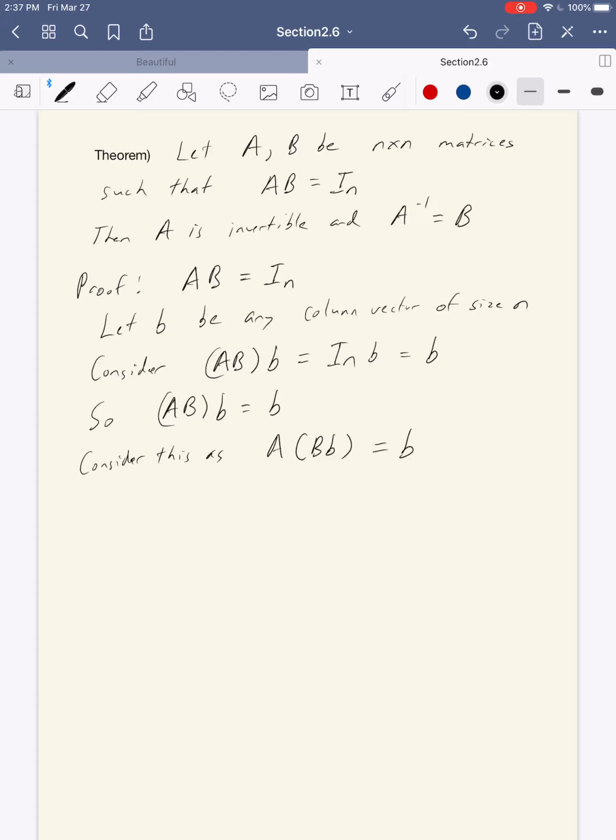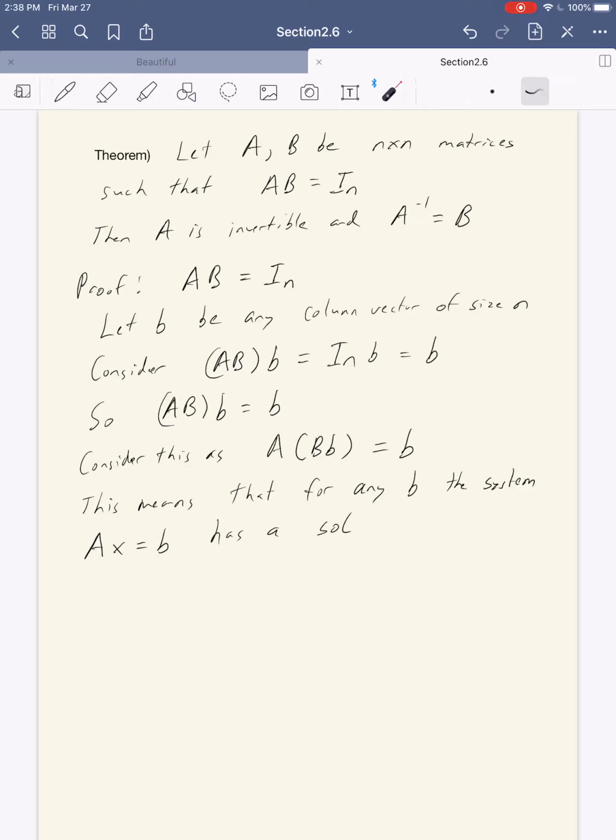So notice what this means. This means that for any b, the system AX equals b has a solution.